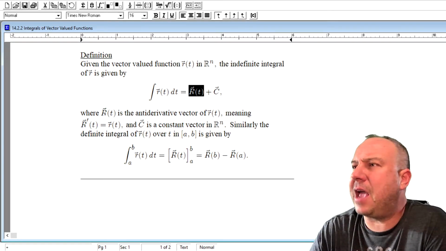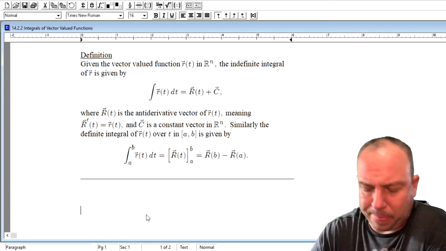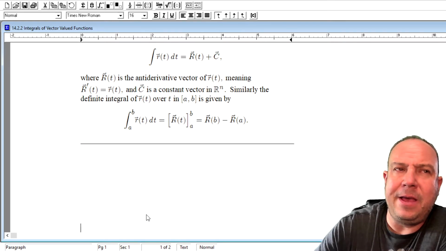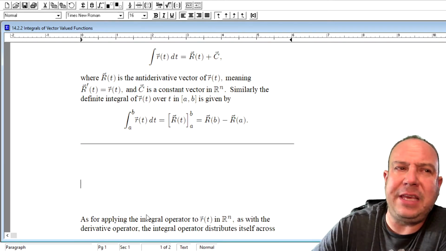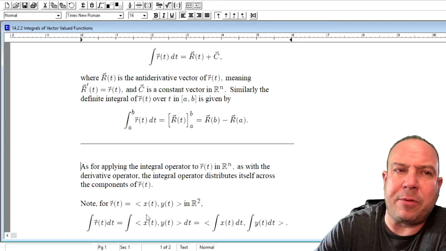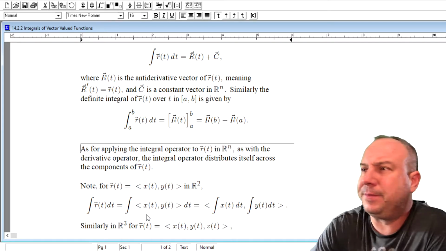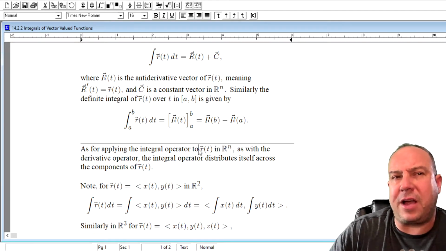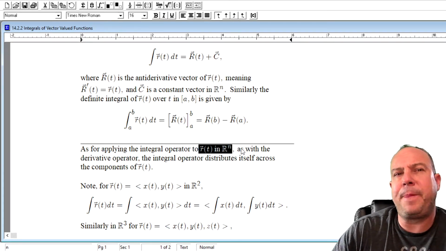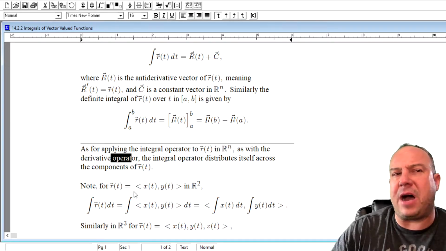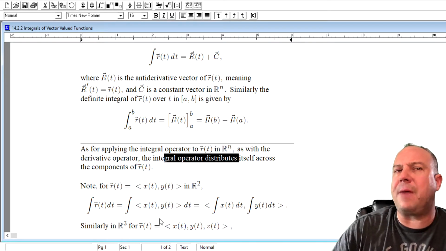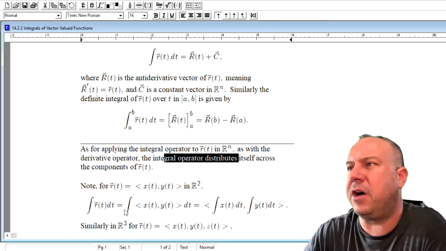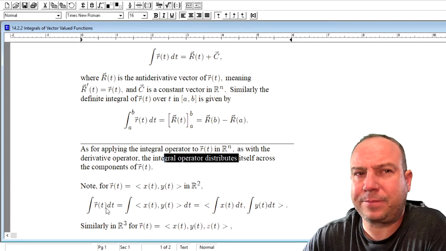All right? If we consider how that actually will apply, we see a rather intuitive idea that follows from how the derivative operator applied itself. As for applying the integral operator to a vector valued function in n-dimensional space, as with the derivative operator, the integral operator distributes itself across the components of our vector valued function. All right?